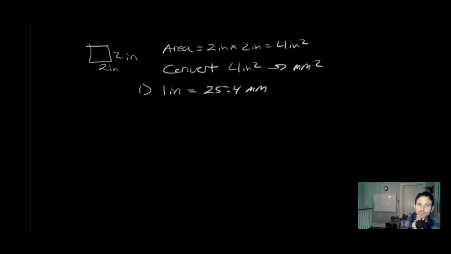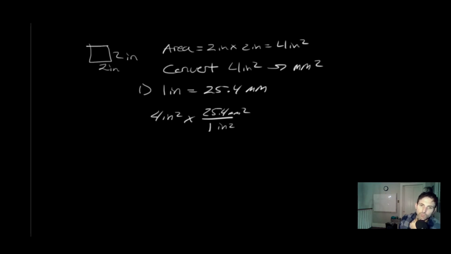And that's great. What I don't want you to do is to say, oh, well, this is going to be easy. I've got 4 inches squared, and I'm just going to multiply by 25.4 millimeters squared.